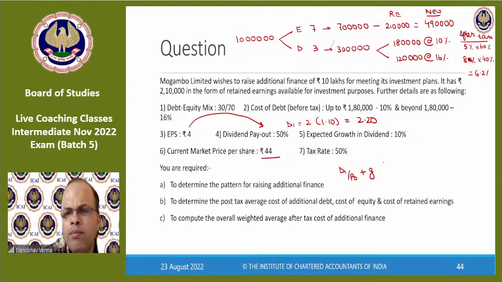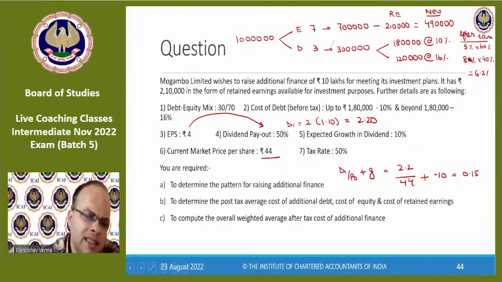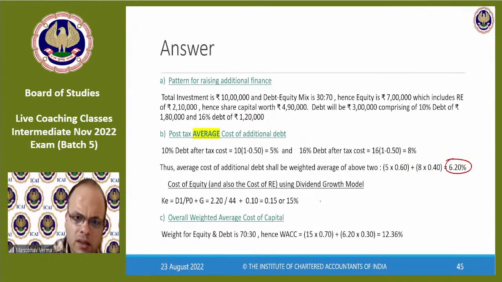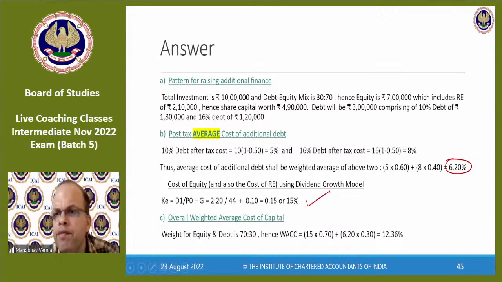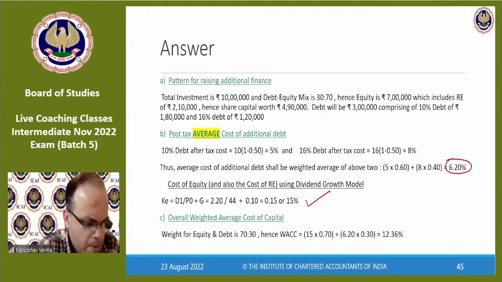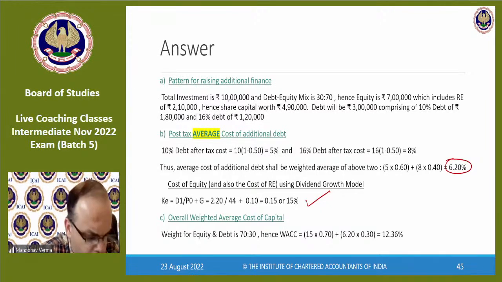So it seems that my equity cost of capital is 15%, guys. Everyone okay here? 15%. I hope all are with me.